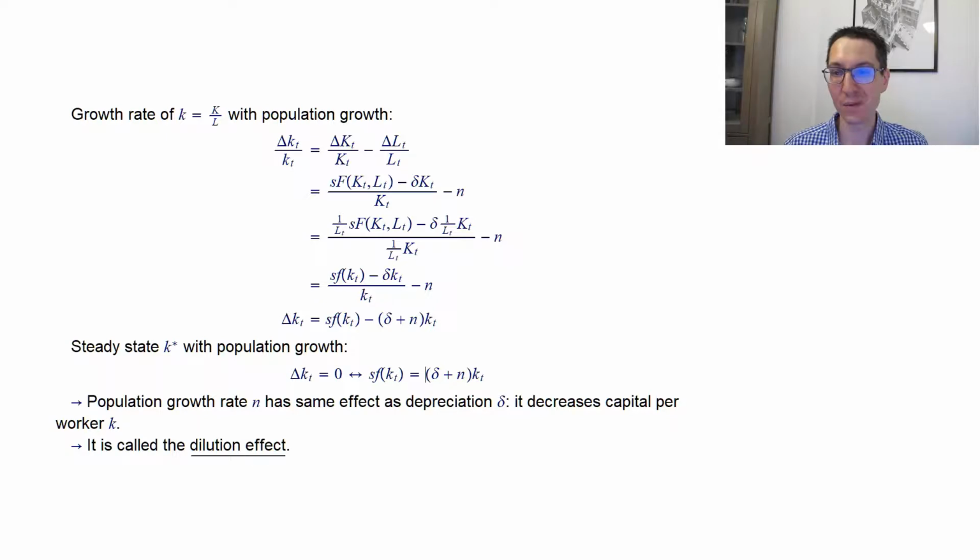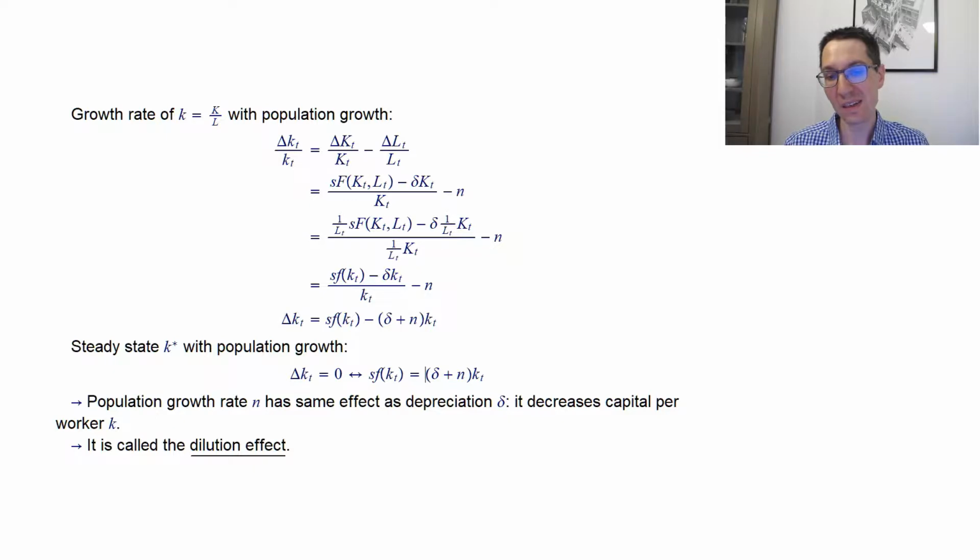So what is the intuition there? Imagine I'm a firm manager and I arrive today and I see that I have, say, 10 workers and I would like to have 10 machines per worker, but I only have 8 machines. What happened? Well, maybe yesterday I had 10 and 2 broke.